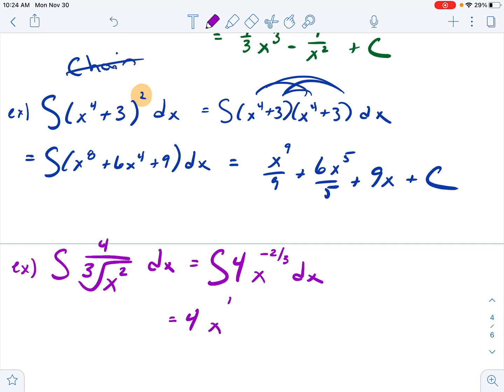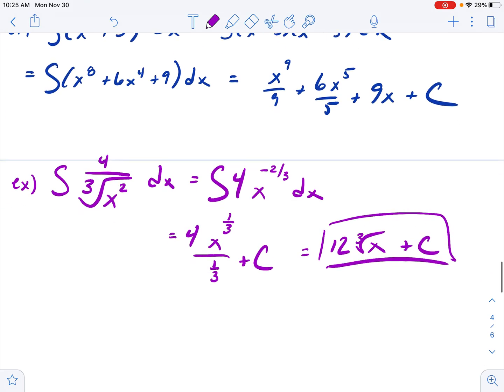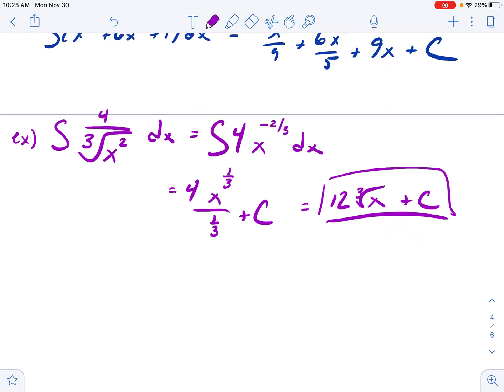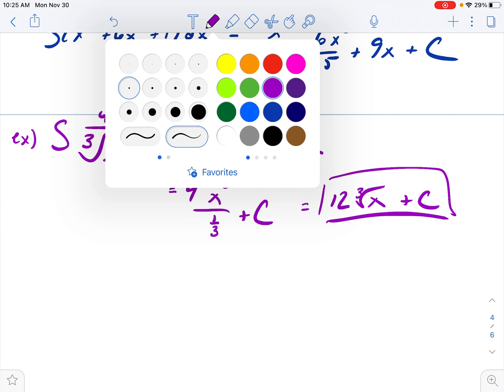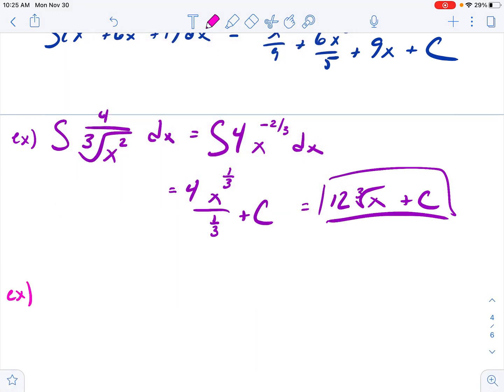Now be careful, negative 2/3 plus 1 is positive 1/3. Divide by the new power. Plus c, 4 divided by 1/3 is 4 times 3, that's 12. X to the 1/3, 12 times the cube root of x plus c. Okay, so again, rewrite things with powers. A couple more of these, and then we'll look at some basic trig ones.